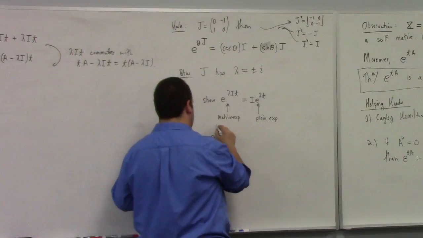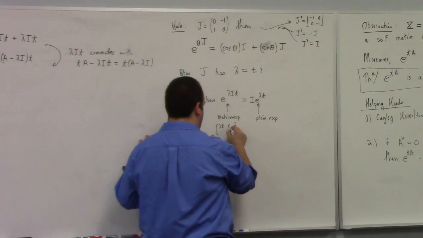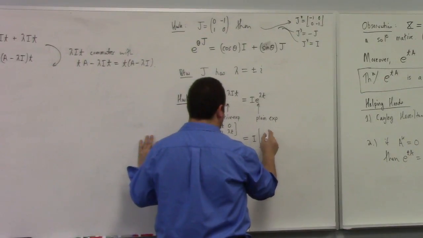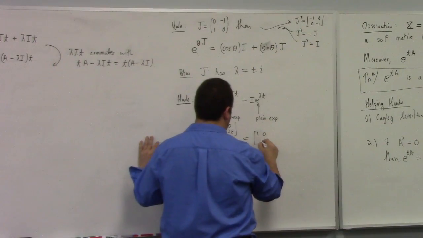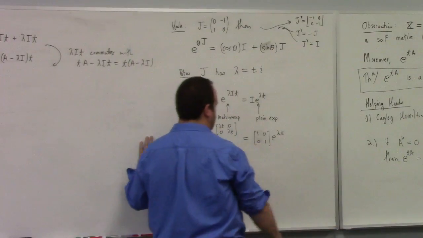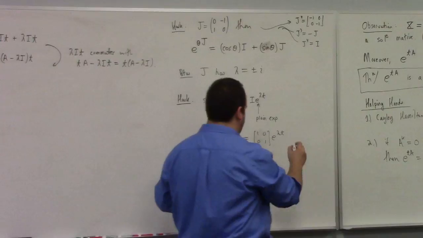So like e to the lambda It, what I'm saying is that that's equal to I times, well, excuse me, that's equal to 1, 0, 0, 1 times e to the lambda t. Which, of course, is really just what?